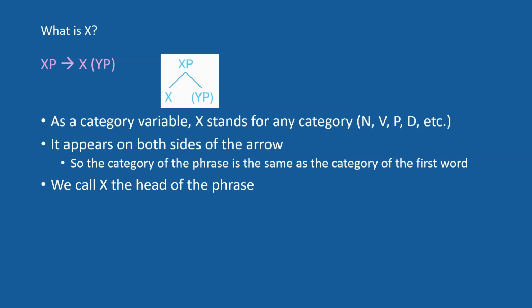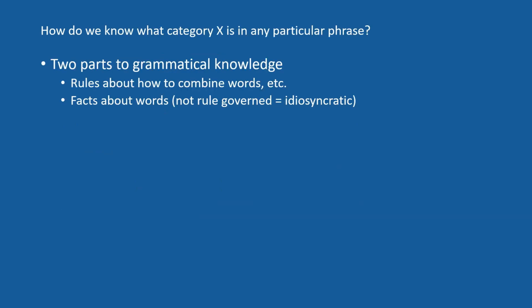And note, because the rule is general and because it is restrictive in this way, we are claiming that all phrases are restricted to having heads. That seems a reasonable restriction, but we're dealing with very general notions here.